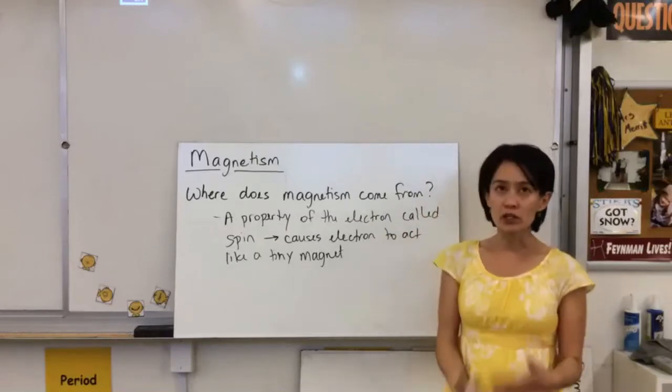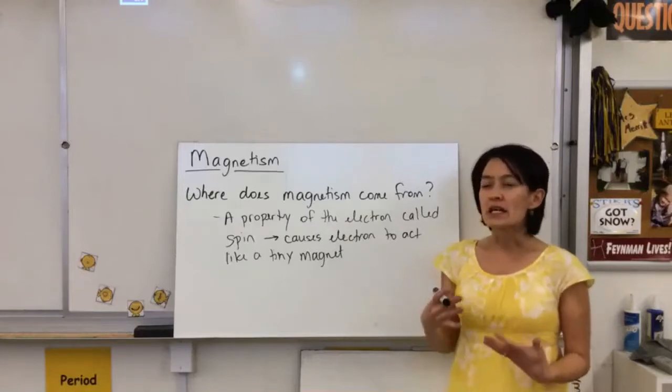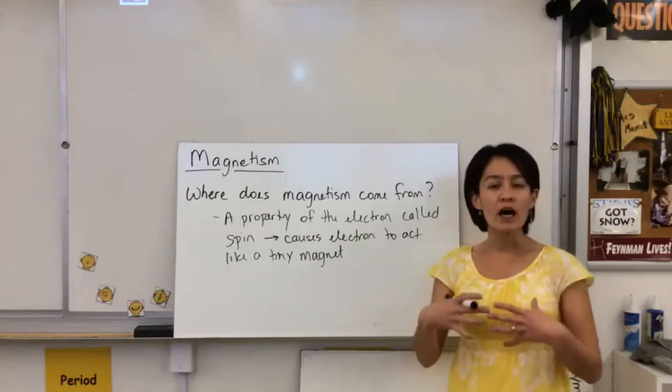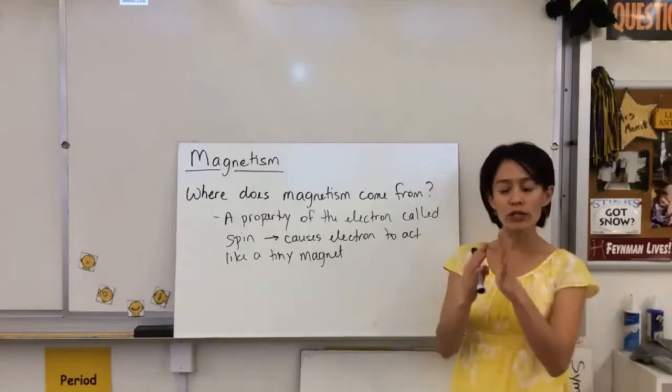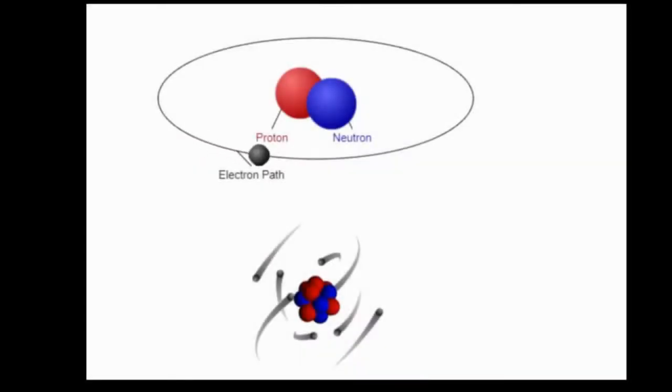Most of the time, the electron by itself, you're not going to even really notice it. But it is why, when electrons pair up in the valence shells, you always have a spin up and then a spin down pairing up with each other.